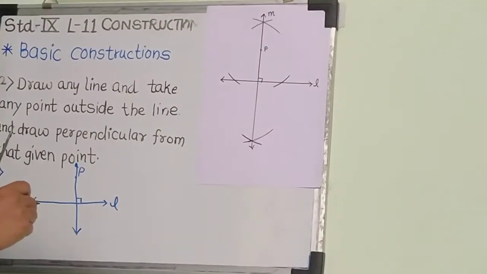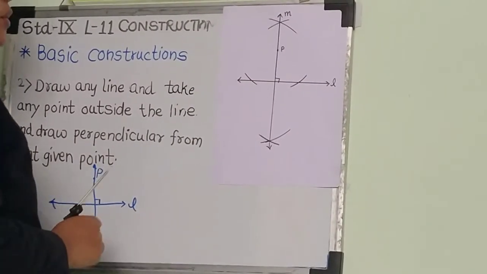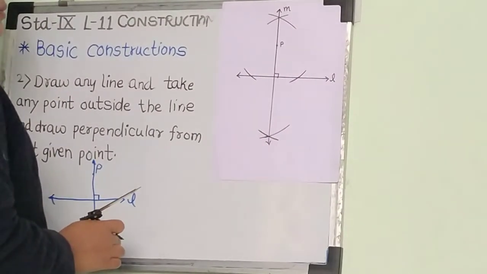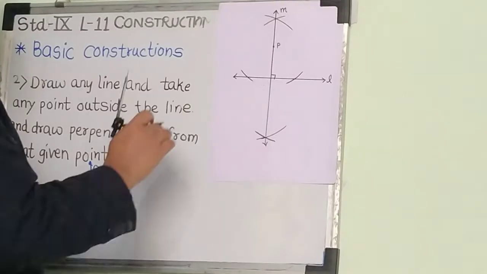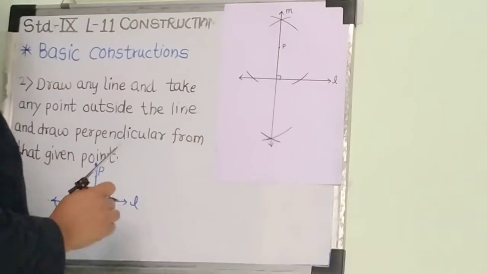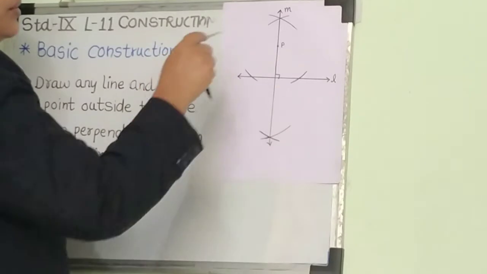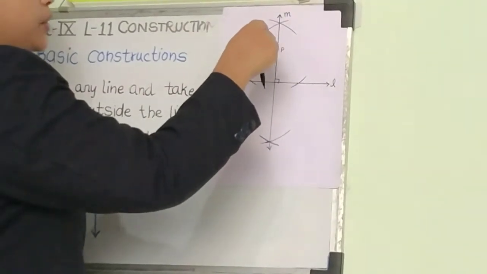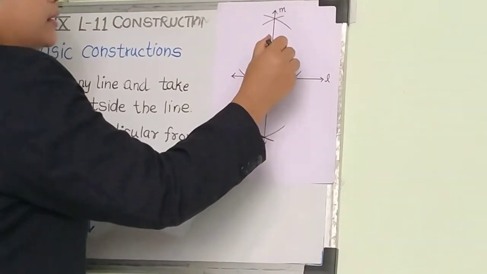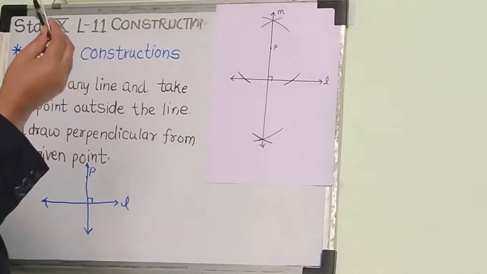Again I am going to repeat this so you can draw. First draw any line L. Then take point P outside the line L. Then with the help of your compass, keep one point on point P and draw the arcs on both sides with fixed length.